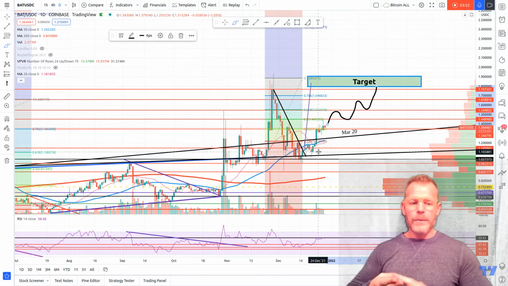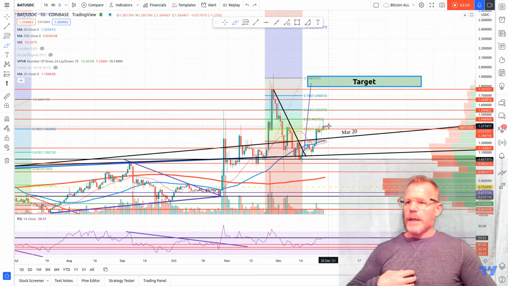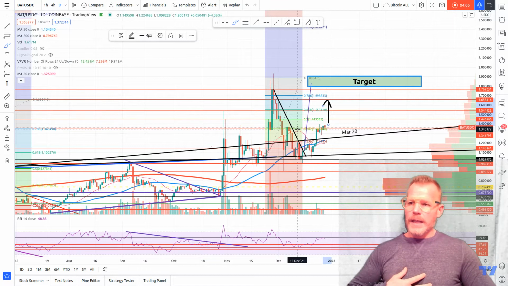But what happens if BAT takes off like a rocket ship and goes straight up 30, 40% in one day? And then along with that, we intersect with one of our resistance levels. That, my friends, is what I feel I haven't been doing a good job explaining to my traders, my Substack subscribers.